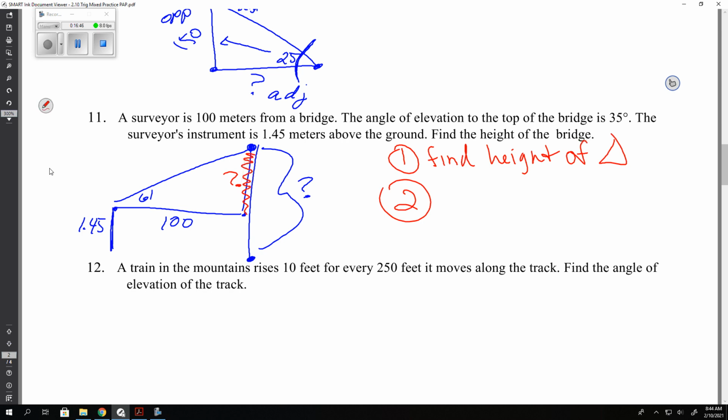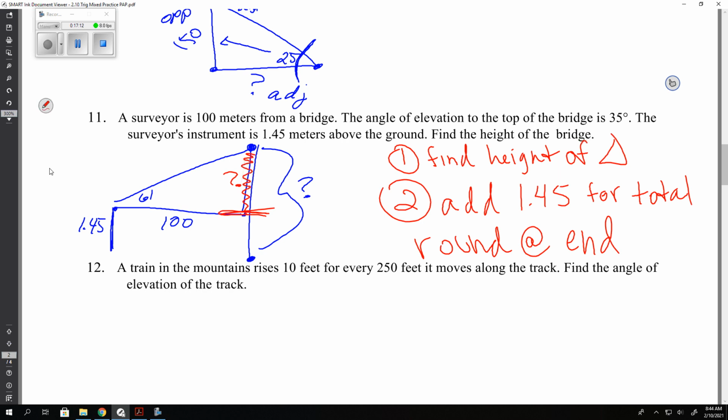Because the height of the triangle stops right here. Is that the whole height of the bridge? No, so what do we do with the 1.45? We add it in. Okay? And a key thing, round at the end.